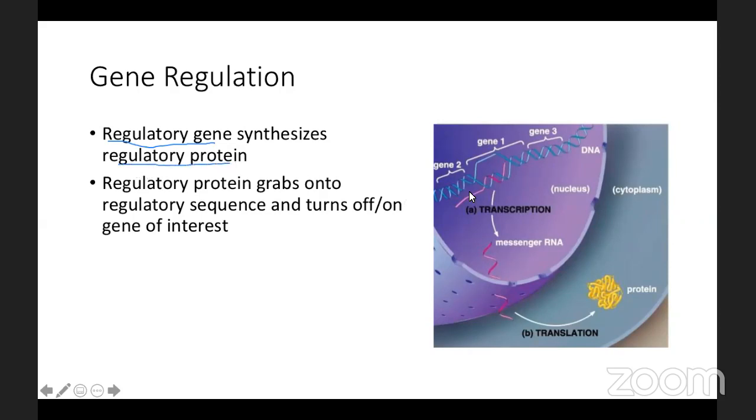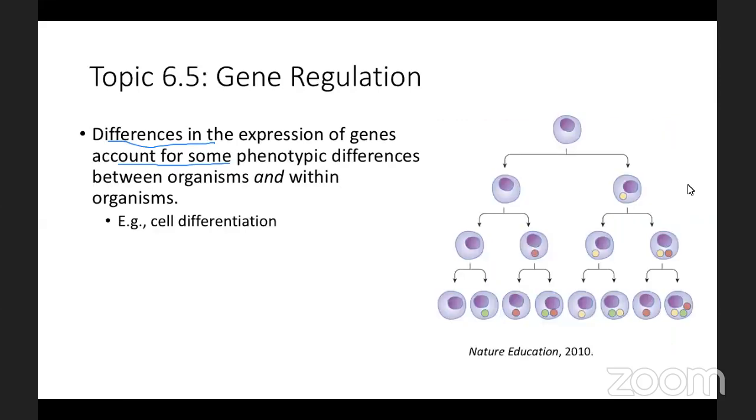A regulatory protein is basically going to bind to the DNA at some location and then activate the transcription of a gene further down in the sequence, and therefore kind of acts like a molecular sort of light switch, right? All right, so this is the general overview of what we're talking about with gene regulation. It's the mechanism by which we can control which genes are being expressed.